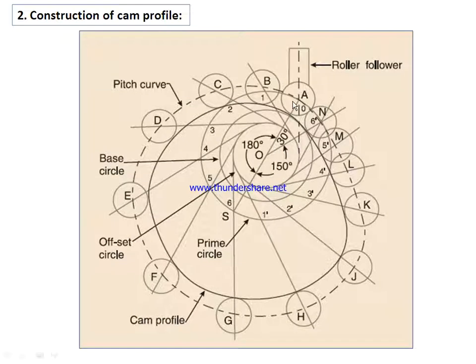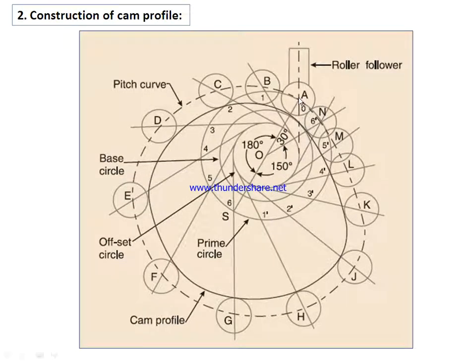It is given that the roller follower is offset by 10 millimeter to the right of the center. Okay, so here you have to draw this axis which is 10 millimeter to the right of the center of the cam, and with O as center, with whatever the offset amount is, draw this circle which is called the offset circle.